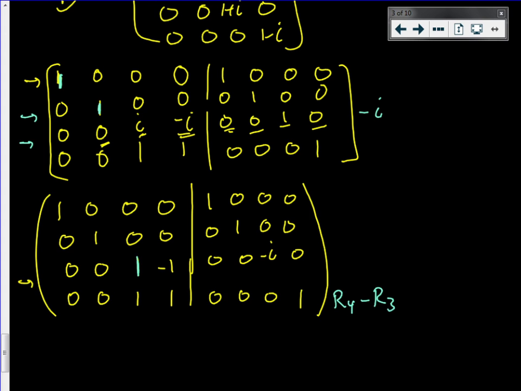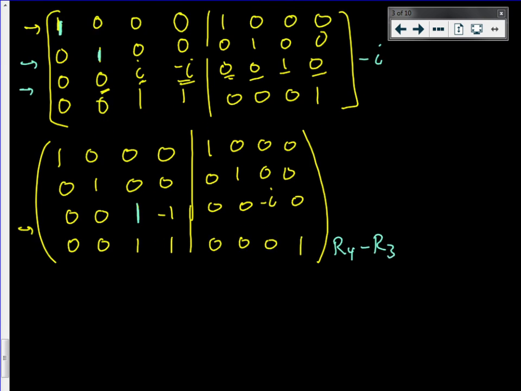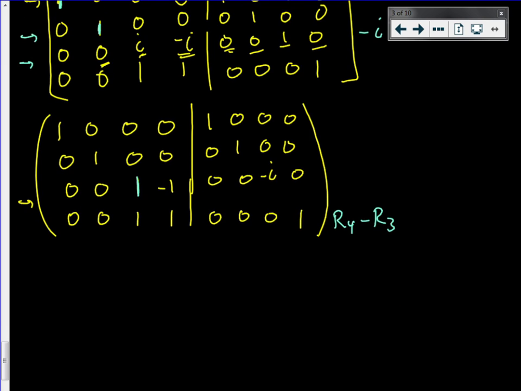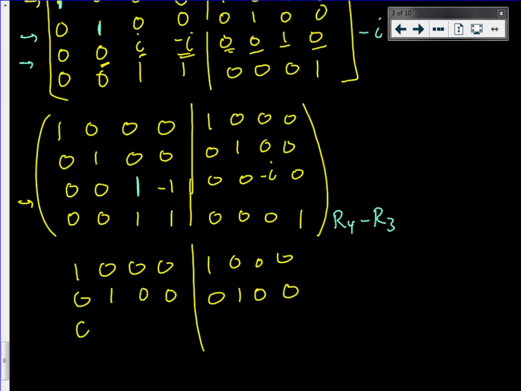Meaning I'm not doing anything to the first three rows. So I get 1, 0, 0, 0, augmented with this. The second row is not changing: 0, 1, 0, 0. The third row is not changing: 0, 0, negative I, 0.